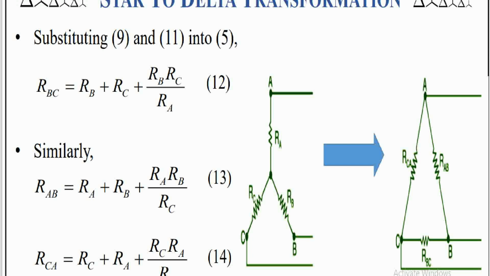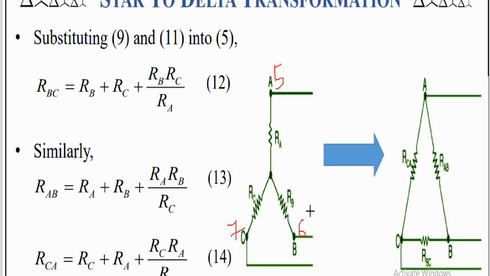Similarly, let us consider this is your RA. This is the 5th equation, this is your 6th equation, this is your 7th equation. What we are doing? 5 by 6, 5 by 7, you are getting this RCA and RAB. And by substituting, you are getting this RBC.